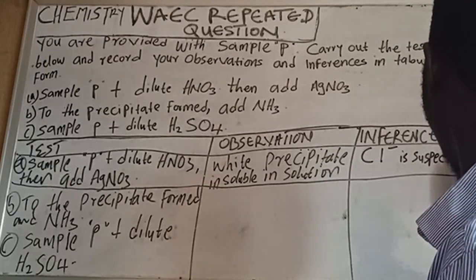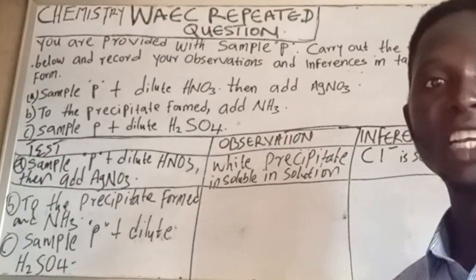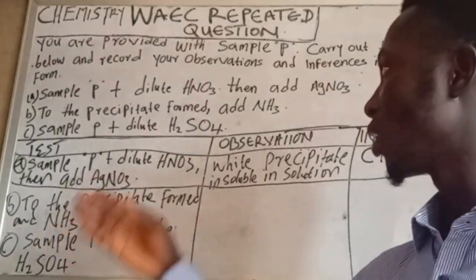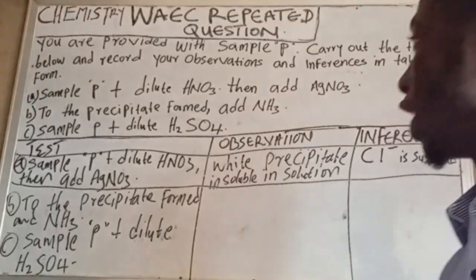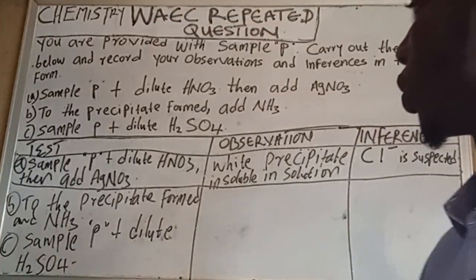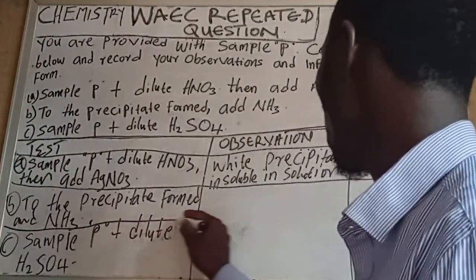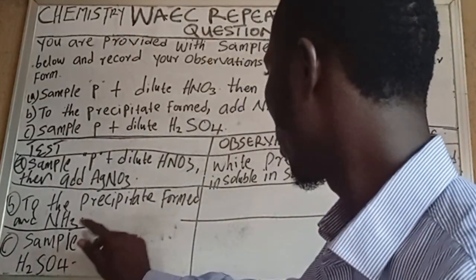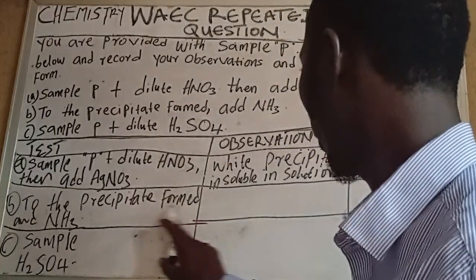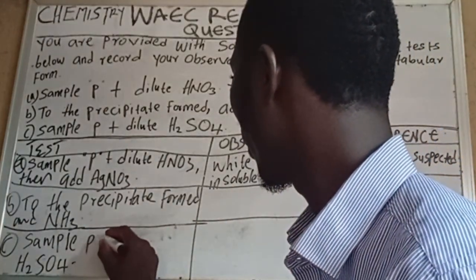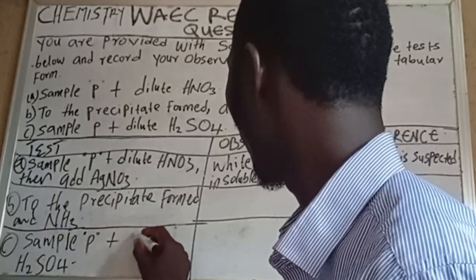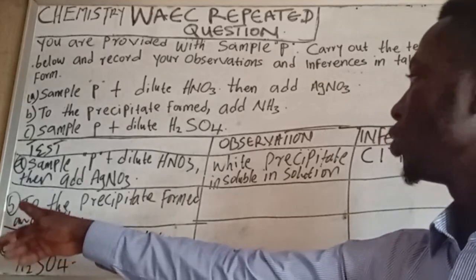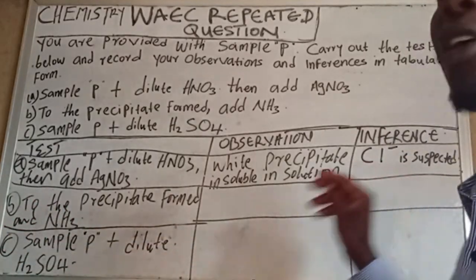And why is it suspected? Because we don't know that our nitric acid removed all the ions in sample P. So let's come down to our B, we may be able to know whether the chloride is confirmed or not.